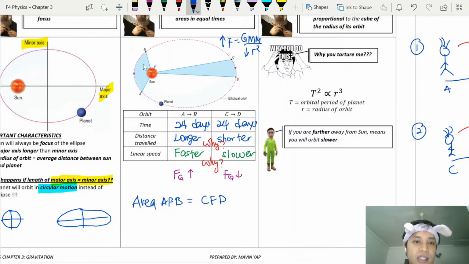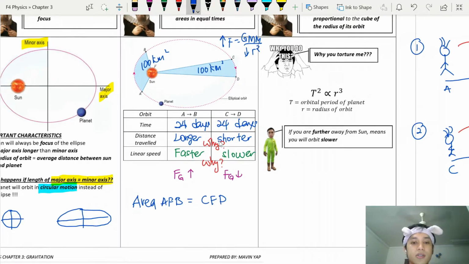Meaning if this one is, let's say, 100 square kilometers, this one will also be the same. Because the amount of time is the same. Here your distance is longer, here is shorter, so the amount of area that you cover should be the same. That is what Kepler's law is trying to say.